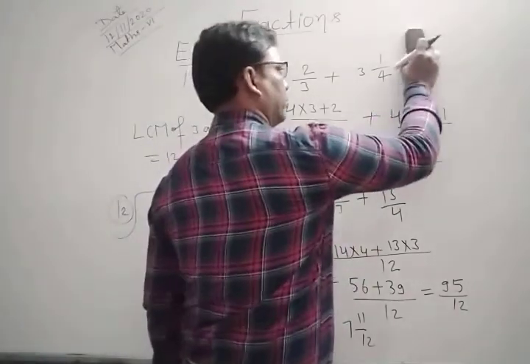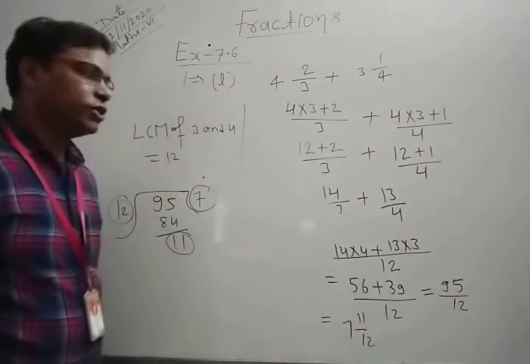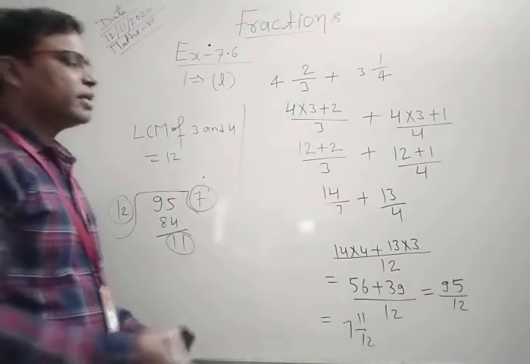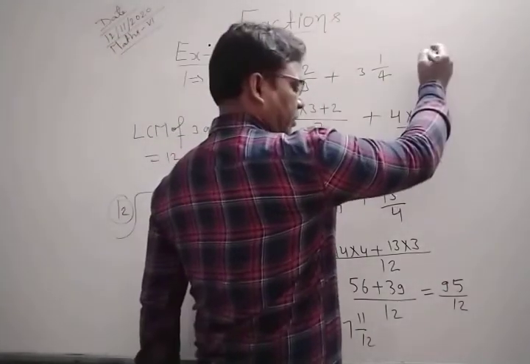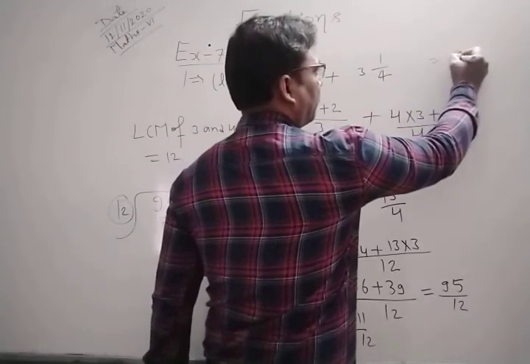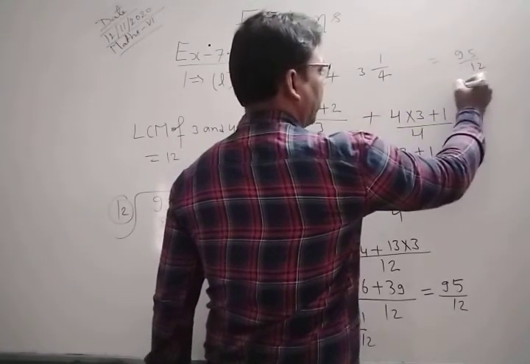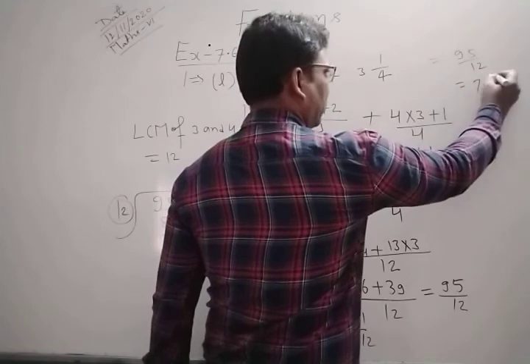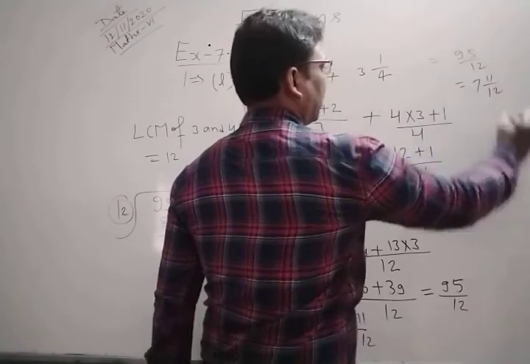So students, I hope all of you understood these questions. Okay. Now you can write it: the sum of these is equal to 95 by 12, or you can write 7 whole 11 by 12.